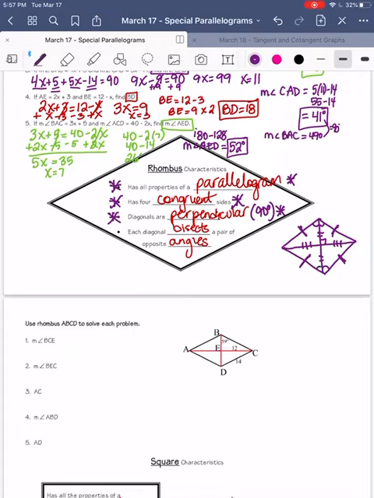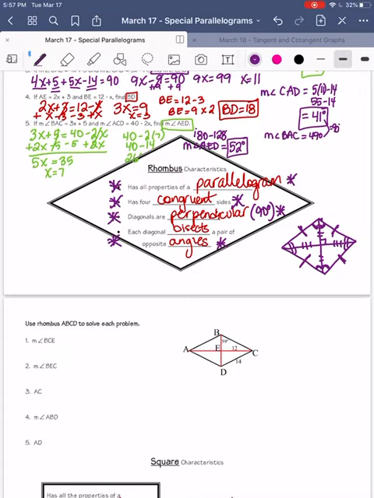The reason I know all 4 are the same is because of alternate interior angles. This one over here is the same as this one, and this one over here is the same as this one. I hope that helps you understand all of these 4.